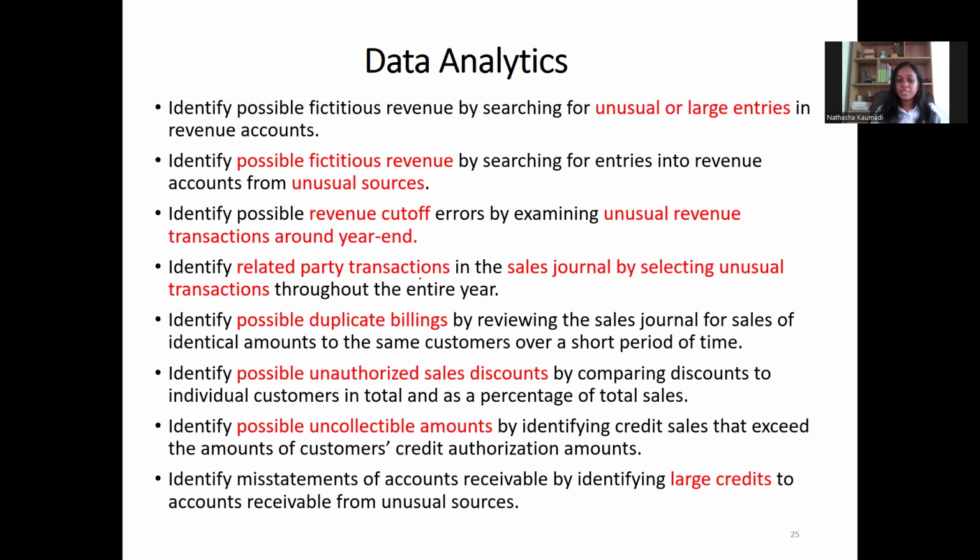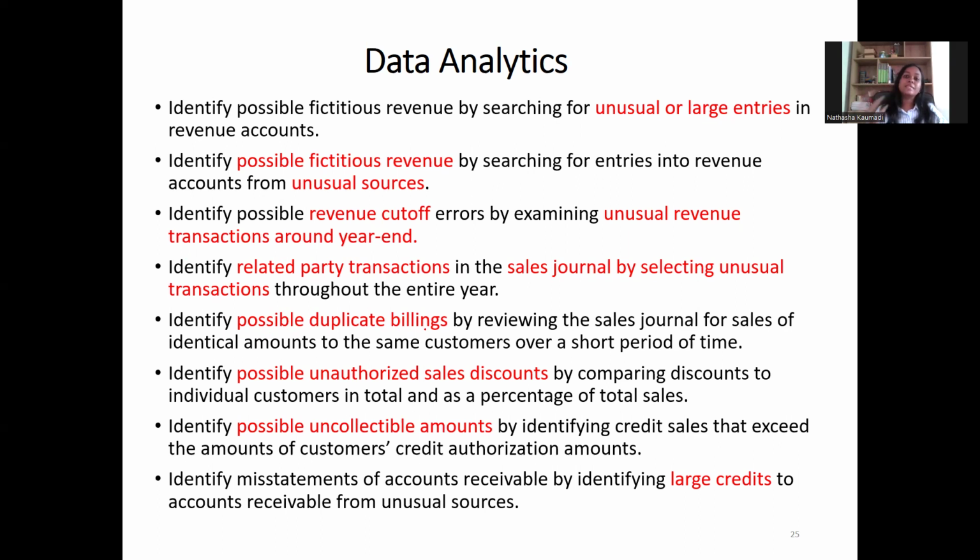Identify related party transactions in the sales journal by selecting unusual transactions. Even the analytics can read the descriptions as well, so they can find unusual things like unmatching descriptions or amounts or big amounts, right? Identify possible duplicate billings.